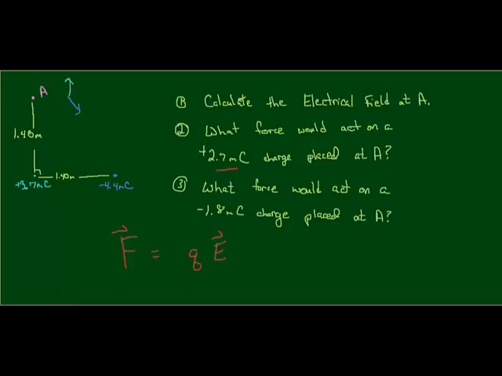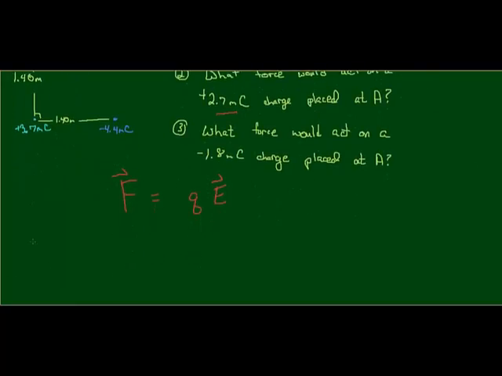All right. From part A, we found that the field was equal to 1.2 times 10 to the 7th newtons per coulomb at an angle of 54 degrees.